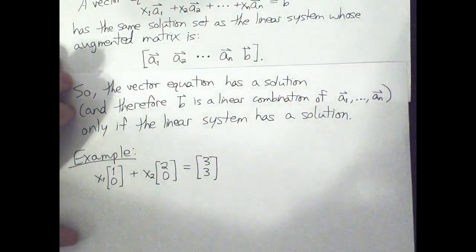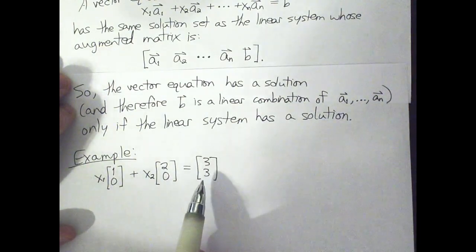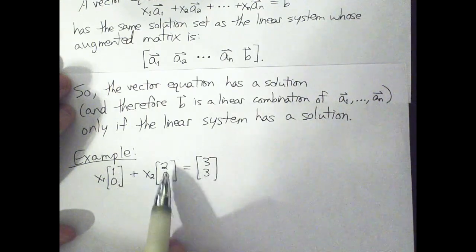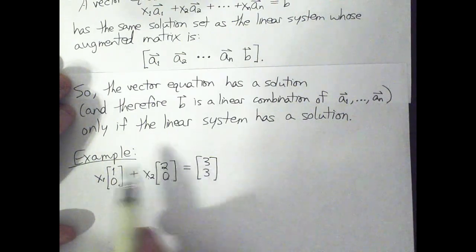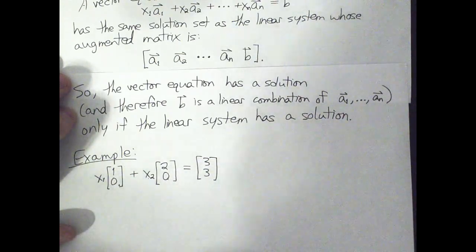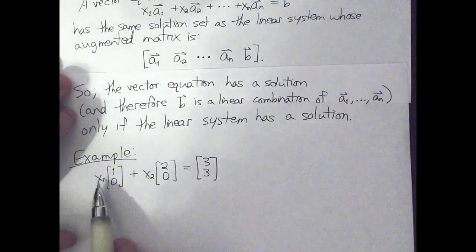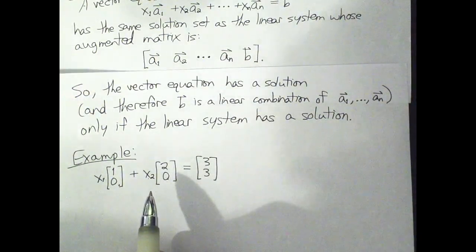Let's say I set this up. This seems to be suggesting that 3, 3 is a linear combination of 1, 0 and 2, 0 if we can find the appropriate weights, x1 and x2, that make this whole thing true. However, I don't think there are any weights, x1 and x2, that are going to make this work.